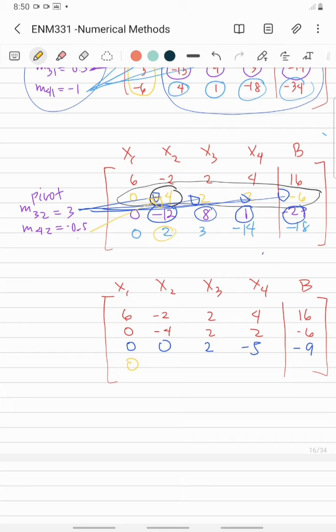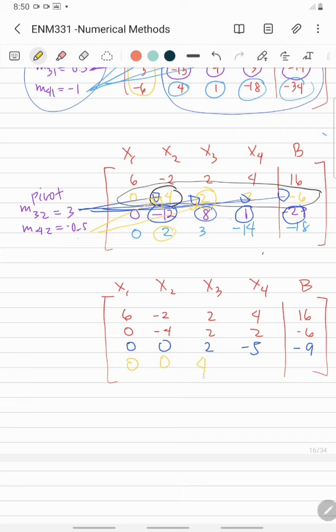So that is equal to 0. Then we have 3 minus 0.5 times 2. That is equal to 4.